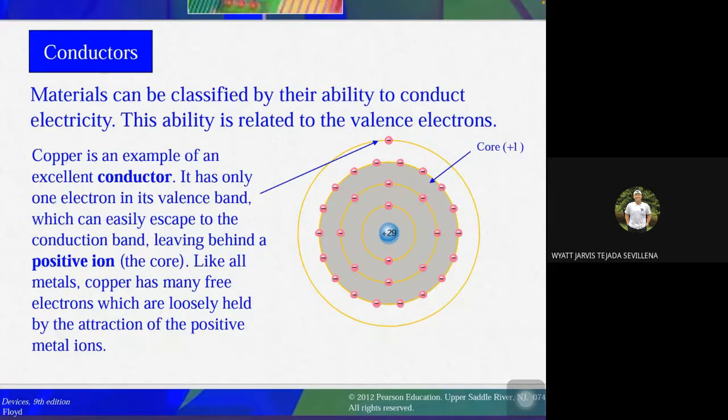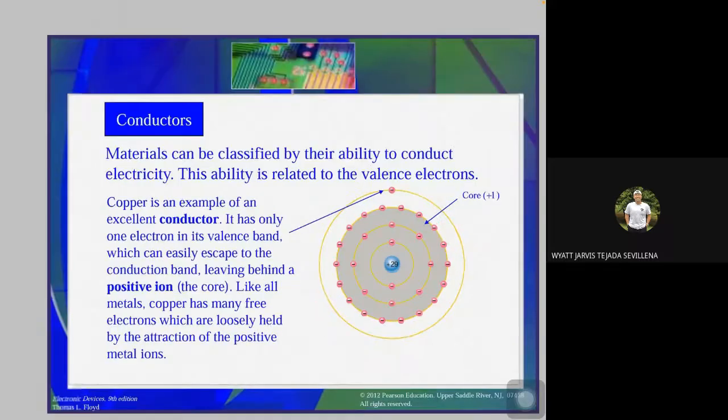So, the common characteristic of conductors is that they have very few valence electrons, from 1 to 2. Okay, 1 to 2 valence electrons, conductors.